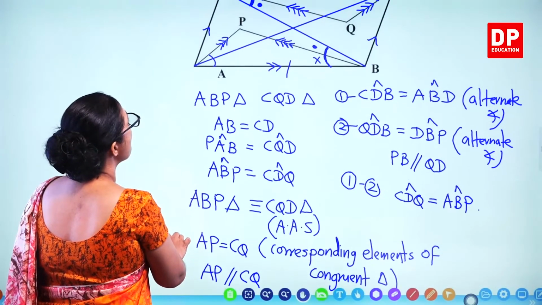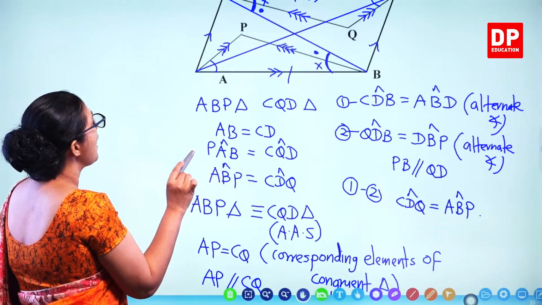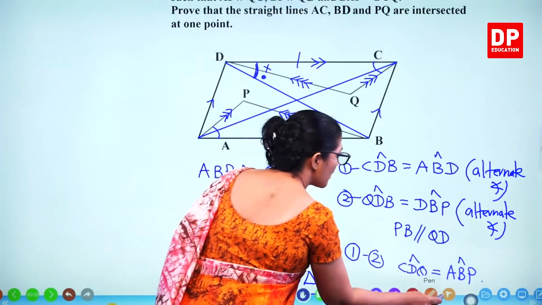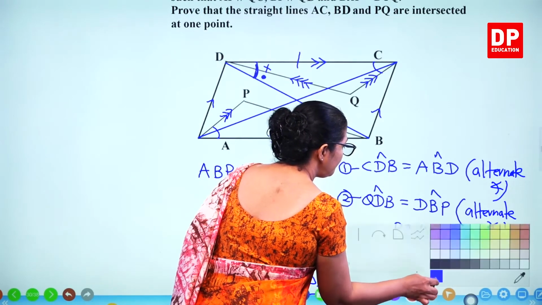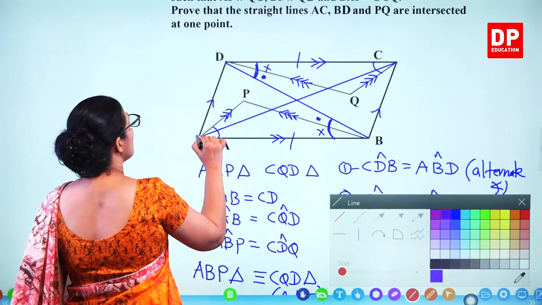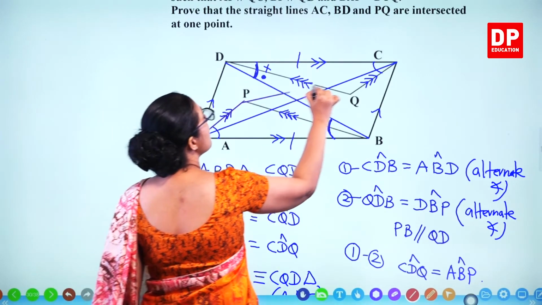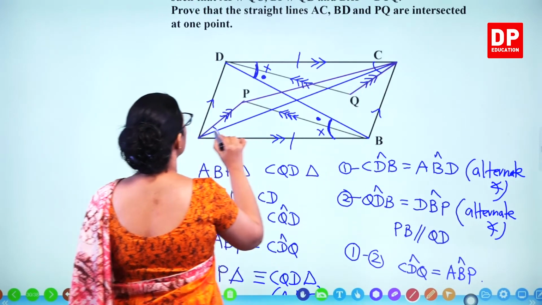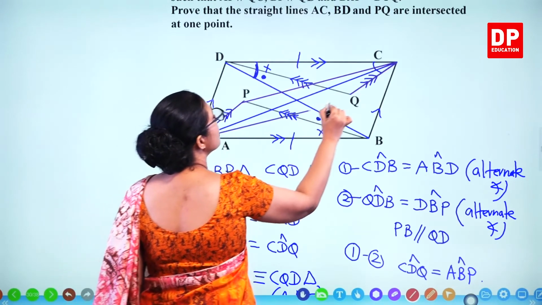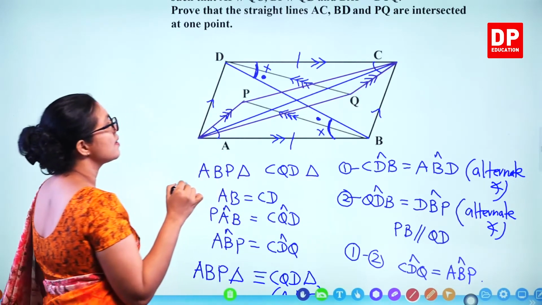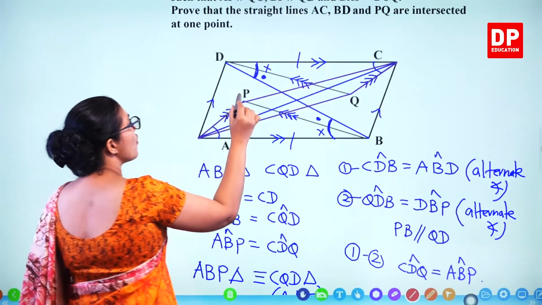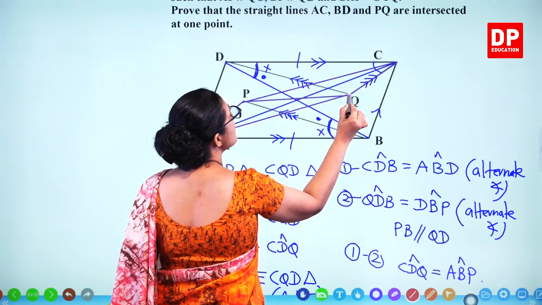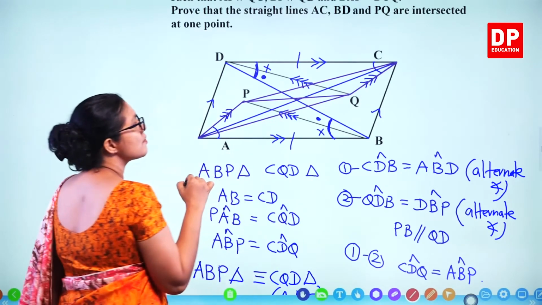Then what can you say? If it's a parallelogram, PQ, I'll show you that with another color. Now see, this is a parallelogram. When you draw, these are the two diagonals. Now see, this should pass through this point.